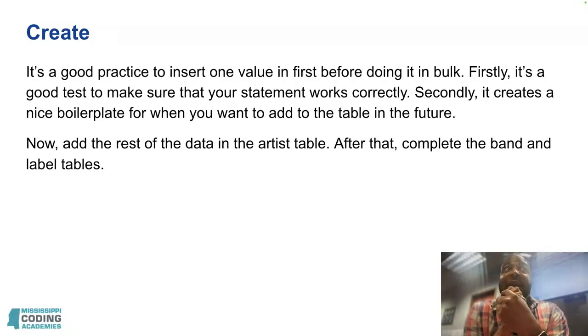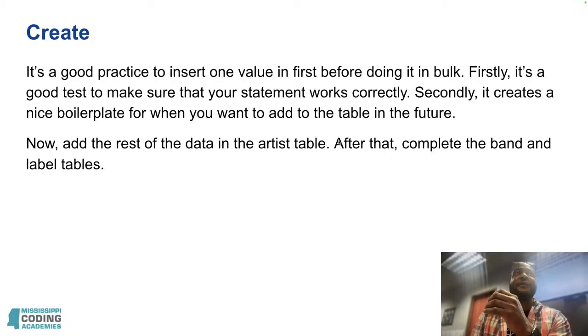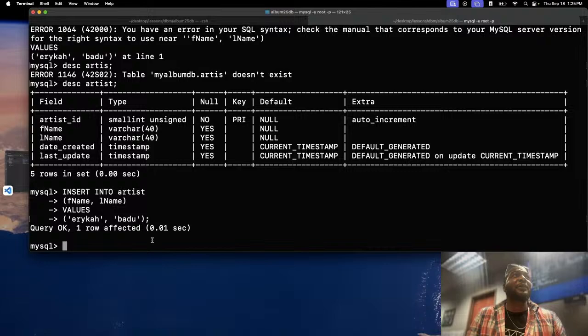And then secondly, it creates a nice boilerplate for when you want to add to the table in the future. So always do a test run with one entry first to make sure that everything works. And if that works, then I can go in and add the rest of the data. So that's what I'm going to do now.